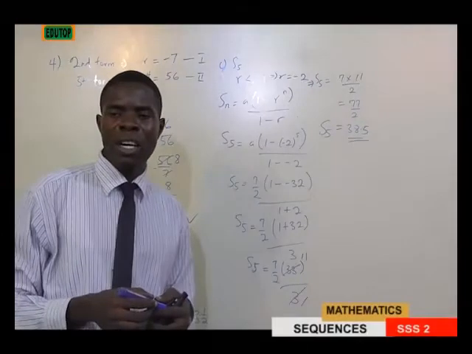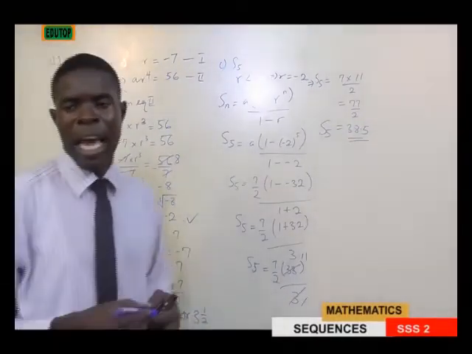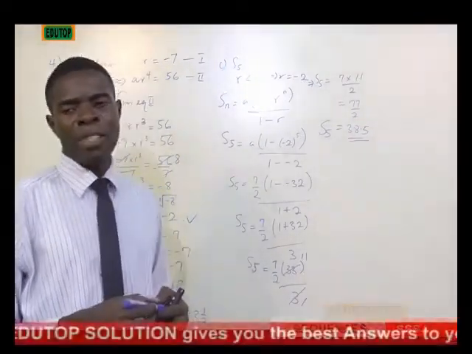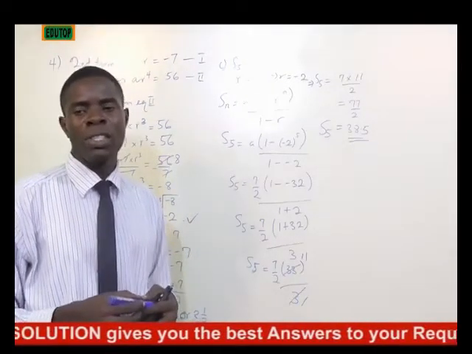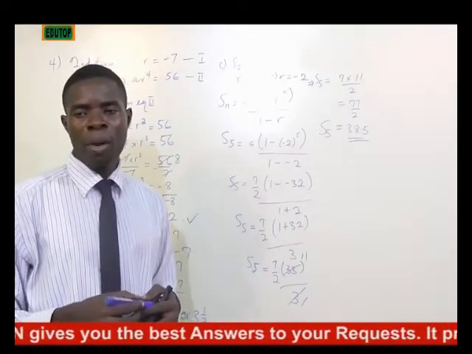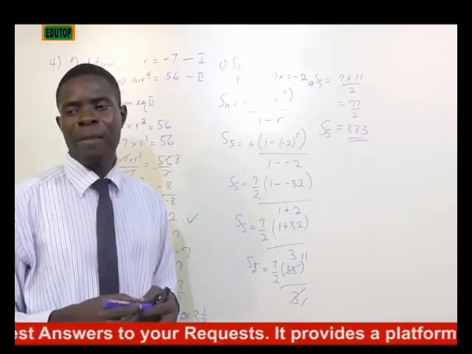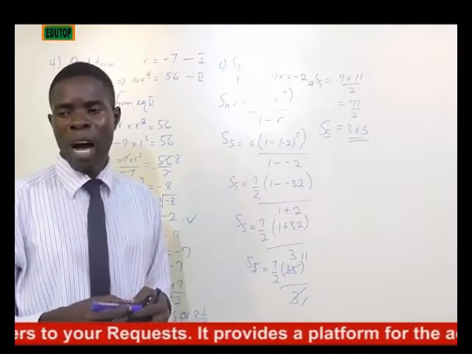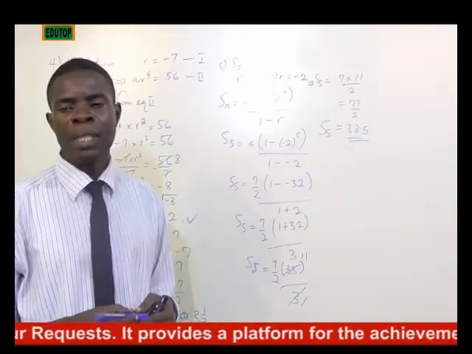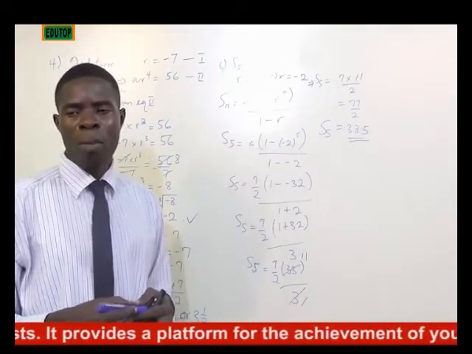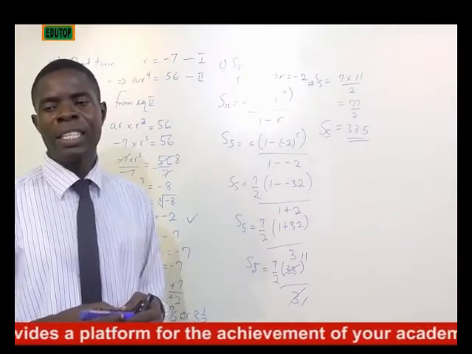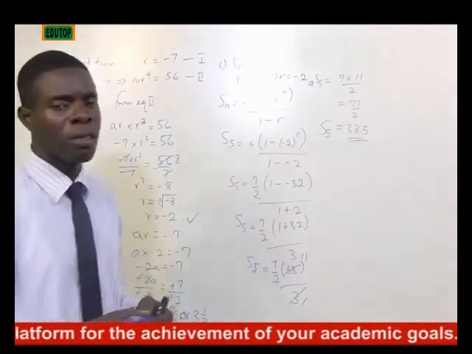Then the last question here is, if 3 minus x, plus 6, plus 7 minus 5x is a geometric series, find 2 possible values for A, x, B, the common ratio, and C, the sum of GP.